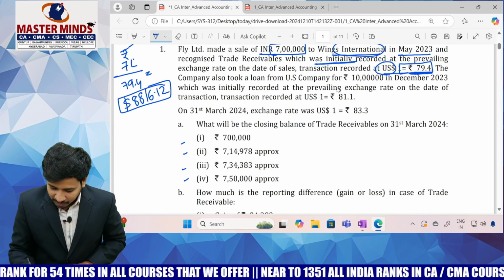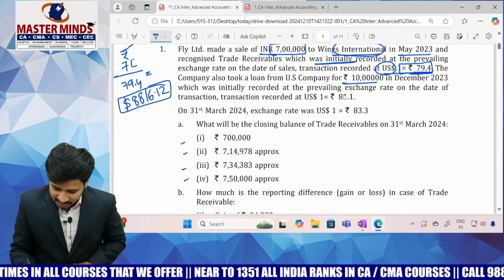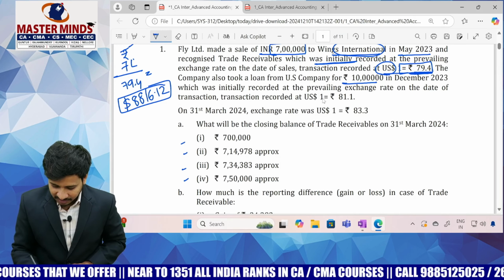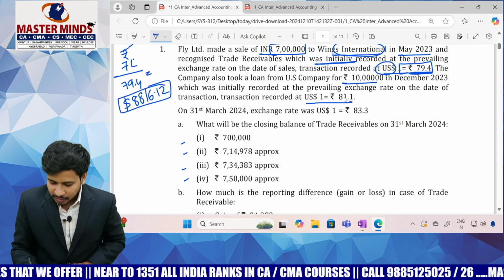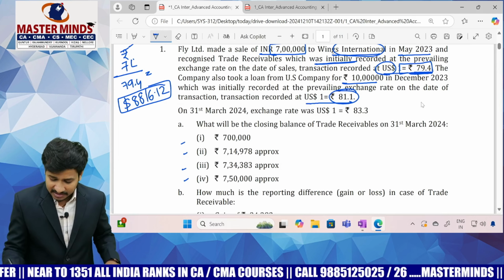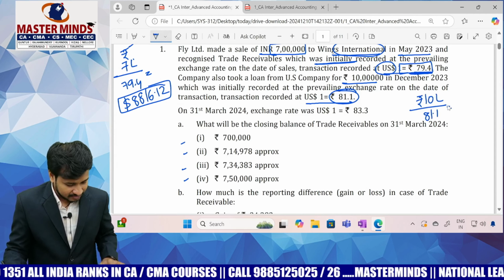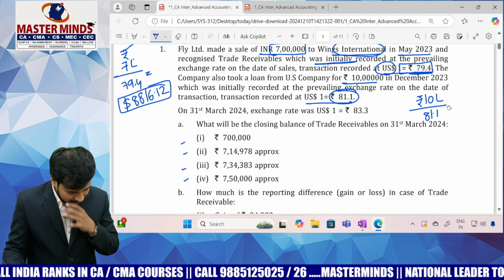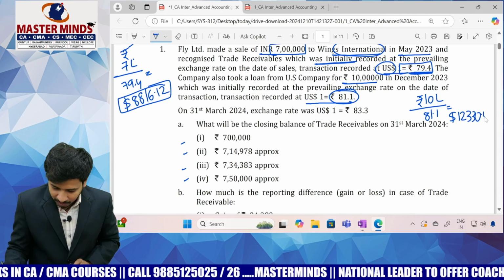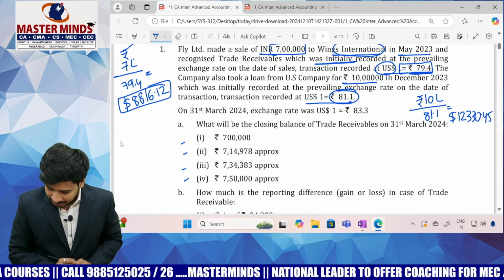The company also took a loan of rupees 10 lakh in December 2023, initially recorded at the prevailing exchange rate on the date of transaction, US $1 is equal to 81.1, which implies rupees 10 lakhs divided by 81.1 comes to $12330.45.